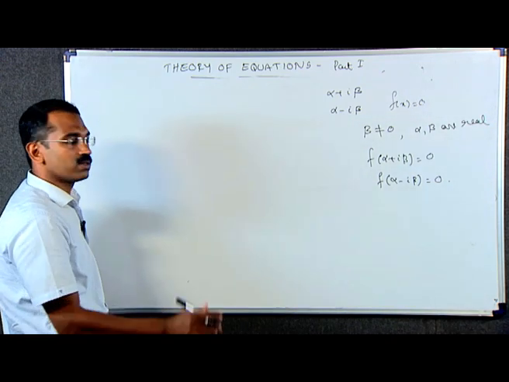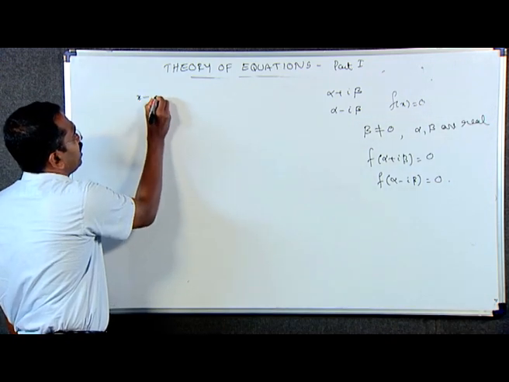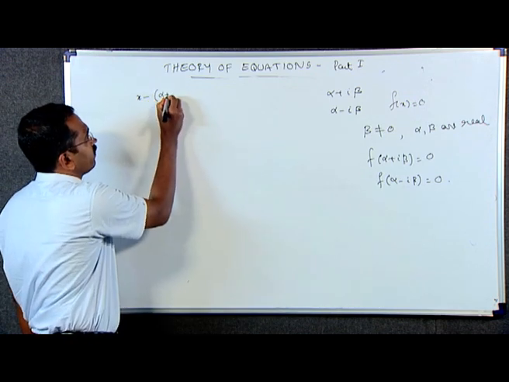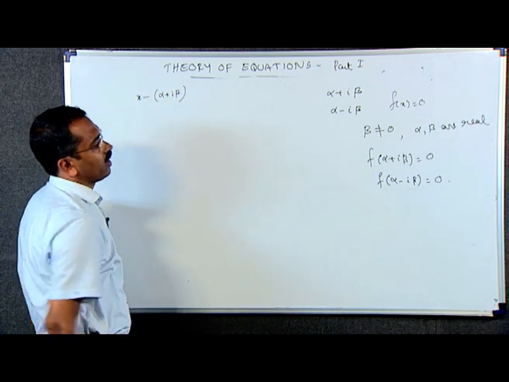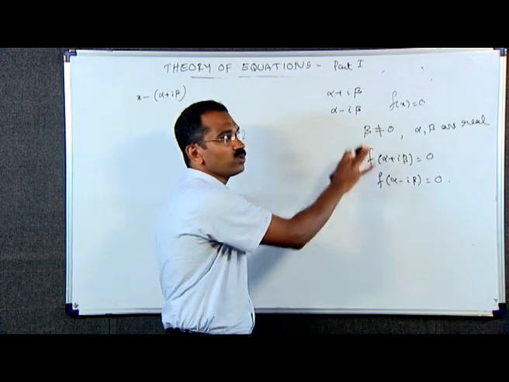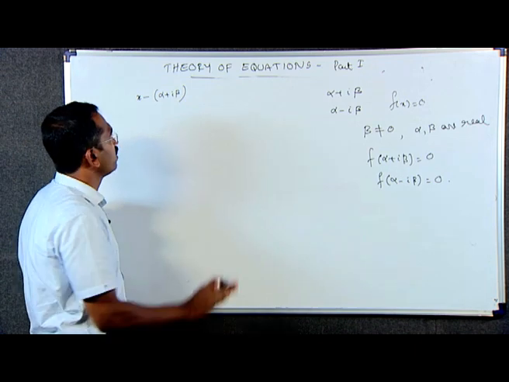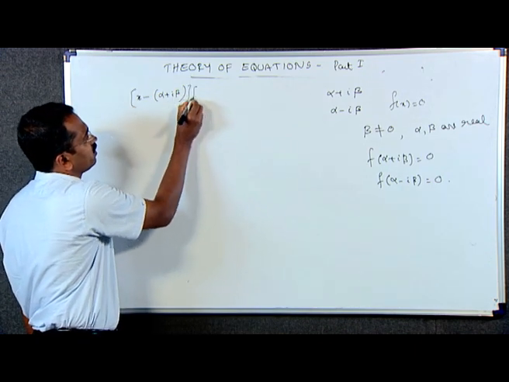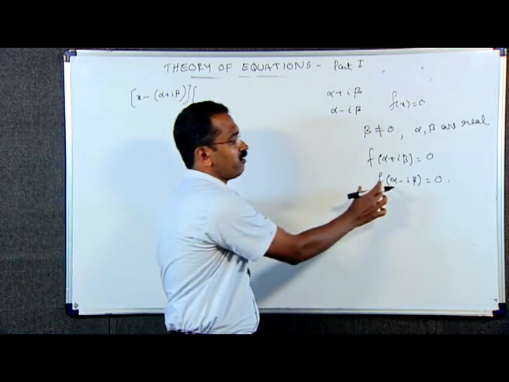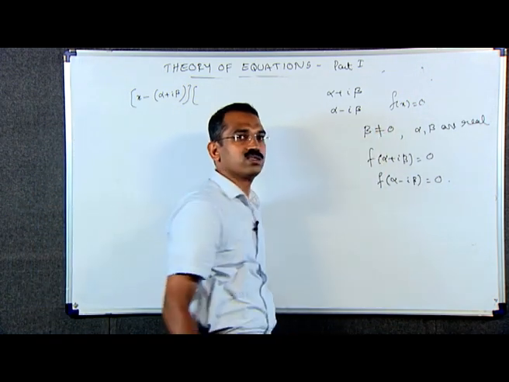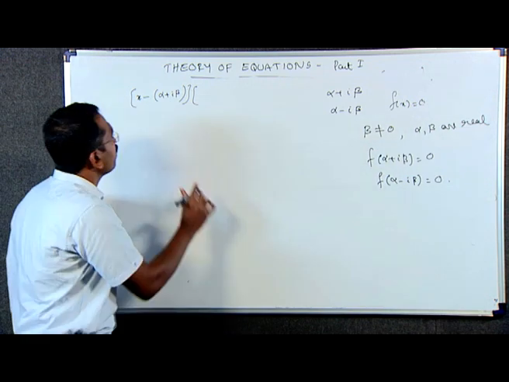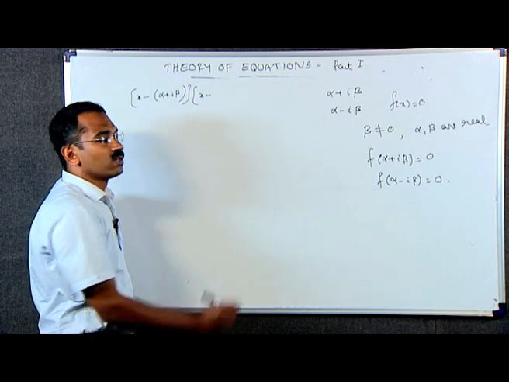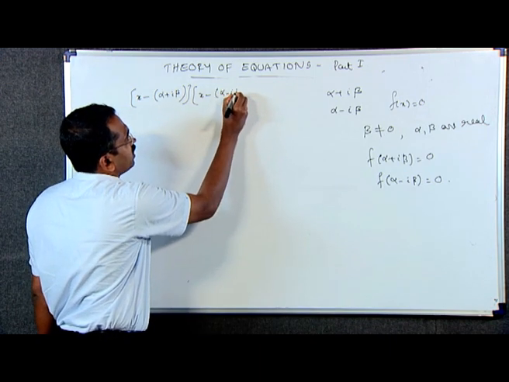Now consider the term x minus (alpha plus i beta). Since alpha plus i beta is a root, we can write the factor as x minus (alpha plus i beta). If alpha minus i beta is also a root, then we can write the corresponding factor x minus (alpha minus i beta).